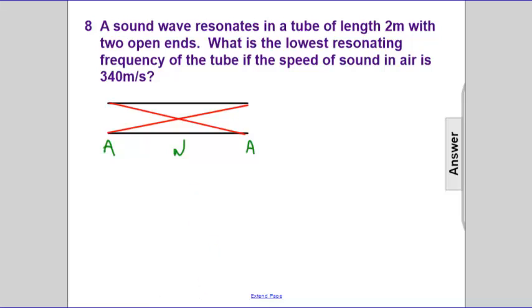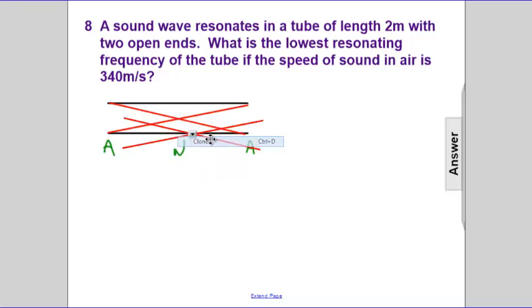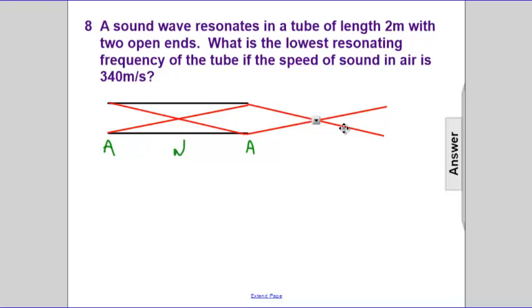If I were to select and duplicate those waveforms that are contained, we would see that one complete wavelength still corresponds with 2 times the length, and that wavelength is 4 meters as calculated previously.